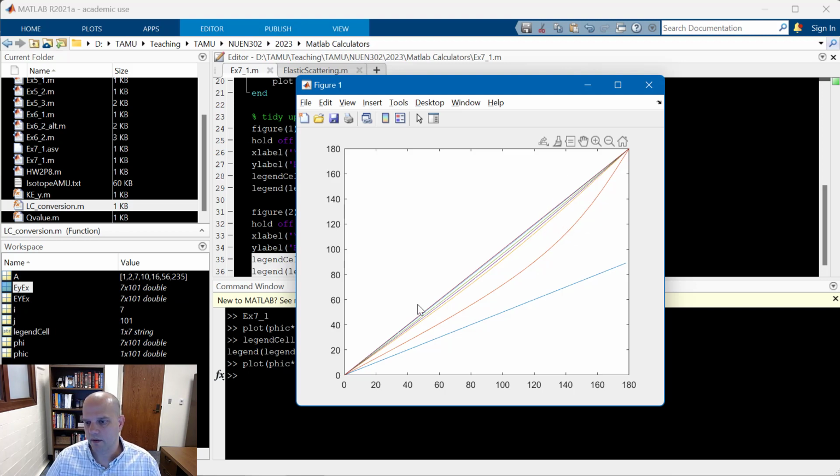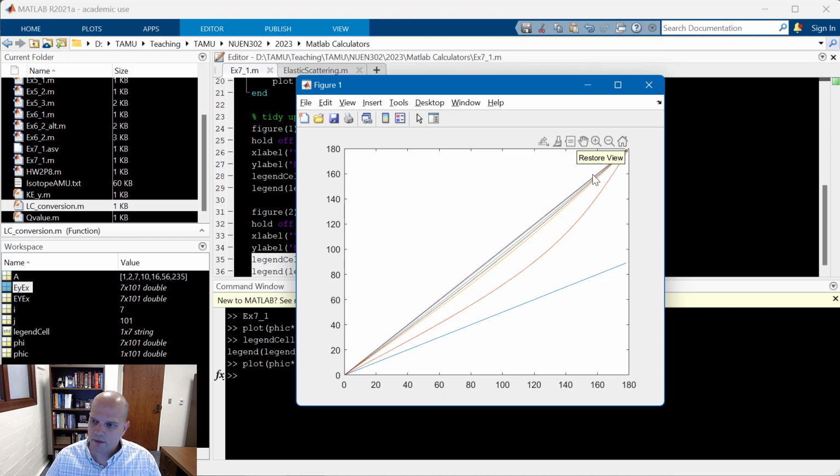So for the mass number that is the highest, you see that this is basically a straight line connecting from 0, 0 to 180, 180. So for a large mass number target, there is no difference between the scattering angle in the lab reference frame and the scattering angle in the center of mass reference frame.